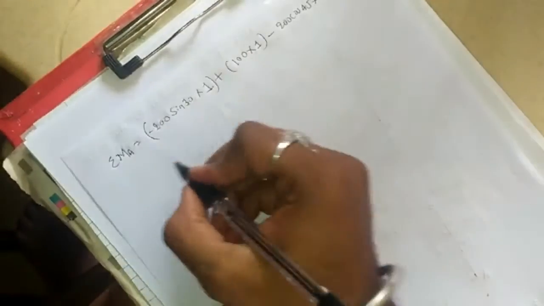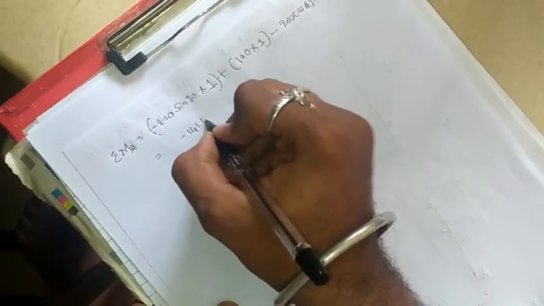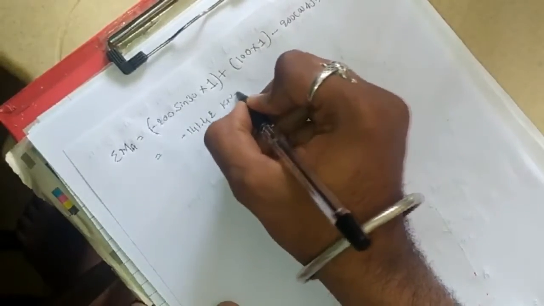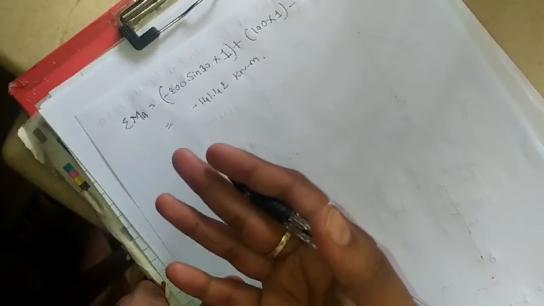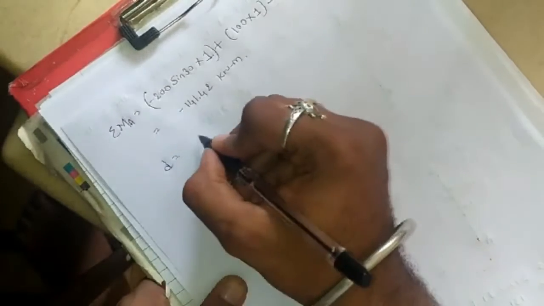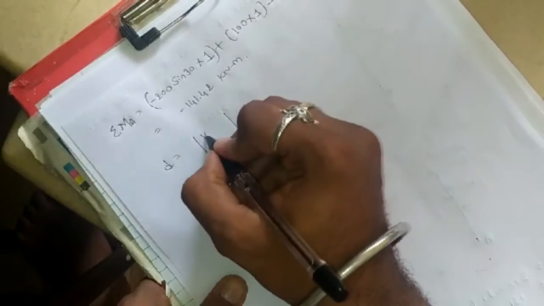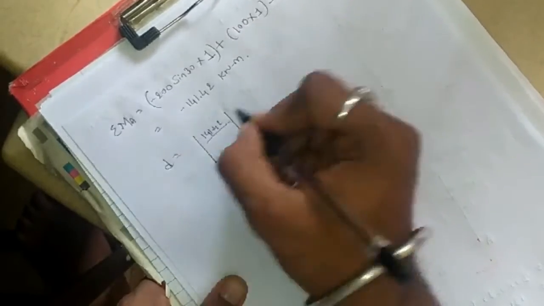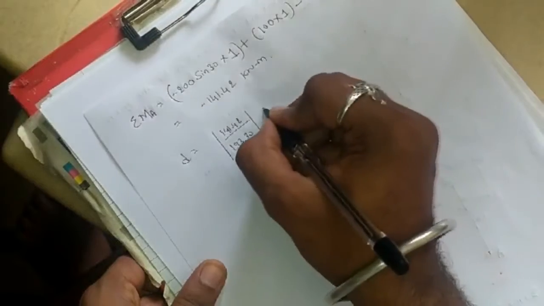So the summation of moment about point A, if you solve this using a calculator, is minus 141.42 kilonewton meter. Once we have the summation of moments, D is equal to summation of moment divided by R. So it is 141.42 divided by the value of R, which is 193.30.